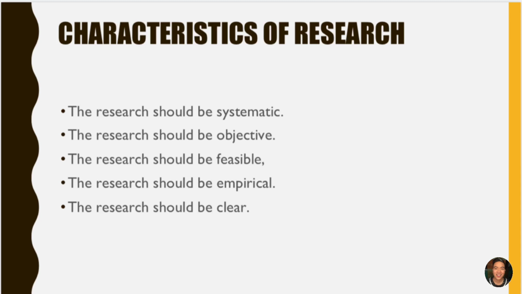So in order to make your research clear, you should gather more facts and theories, and this will be under the review of literature. So in order for you to gather theories, you can go and find it in different published and unpublished materials. So you should gather and gather more information about your topic.